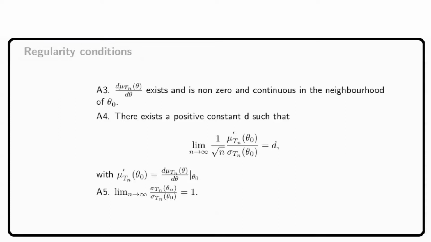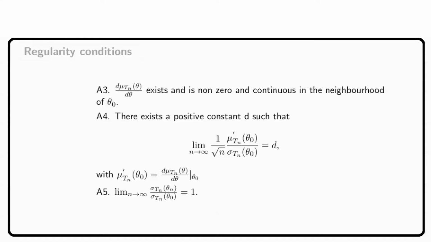Assumption A4: there exists a positive constant d such that 1 by root n into mu prime Tn theta naught divided by sigma Tn theta naught is equal to d, with mu prime Tn theta naught the derivative of mu Tn theta with respect to theta at theta equal to theta naught. And assumption A5: the limit as n tends to infinity of sigma Tn of theta n divided by sigma Tn of theta naught is equal to 1.